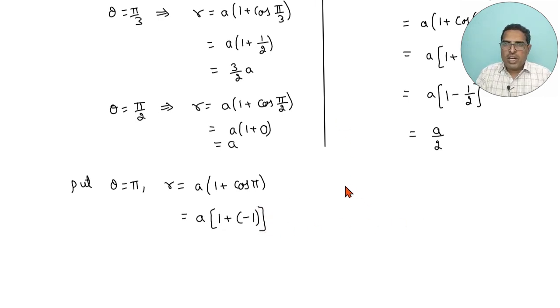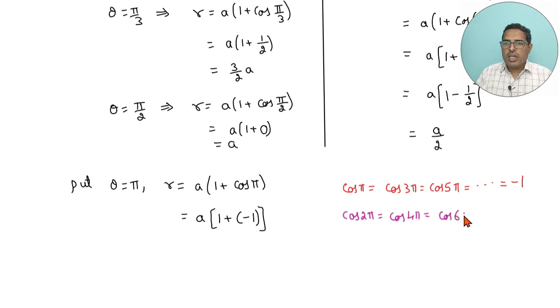You have to remember that cos of pi, cos of 3 pi, cos of 5 pi, and all odd multiple values will be equals to minus of 1. But when you go for cos of even multiples of pi, cos of 2 pi, cos of 4 pi, cos of 6 pi, and so on, its value will be equals to plus 1.